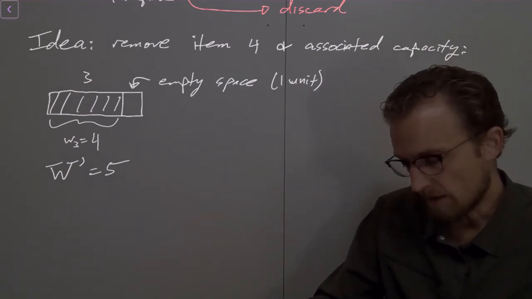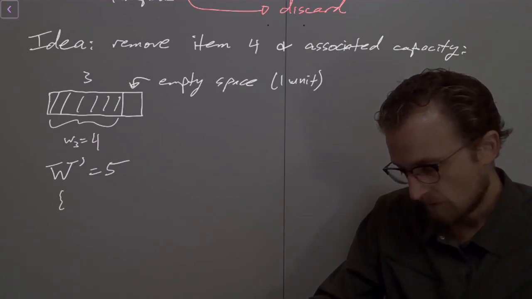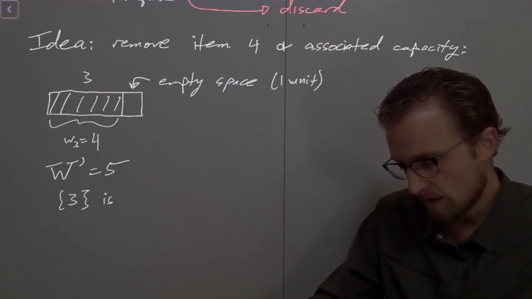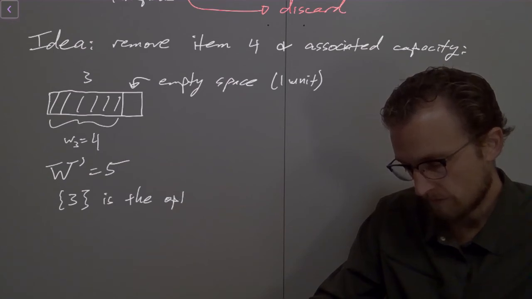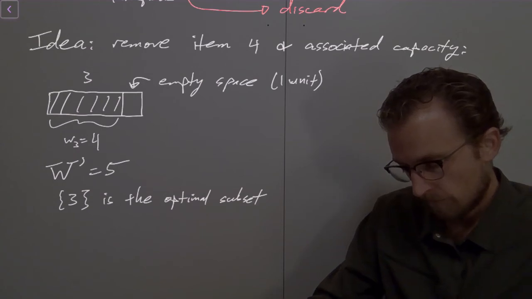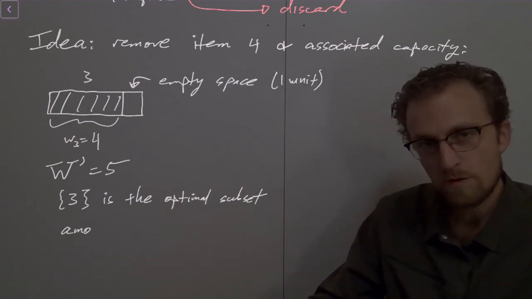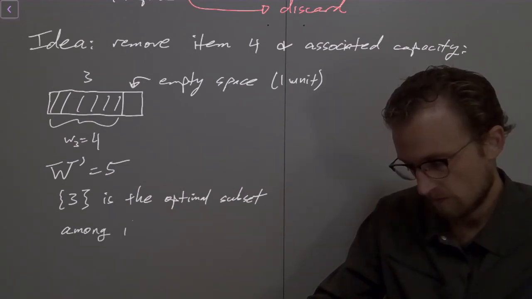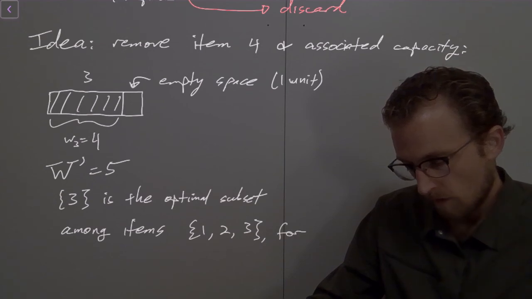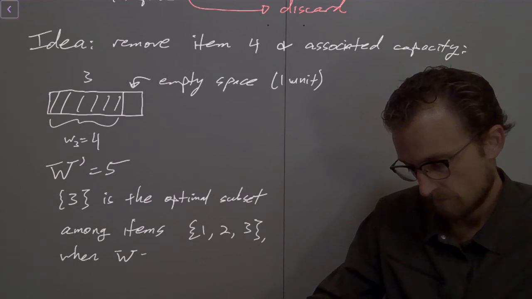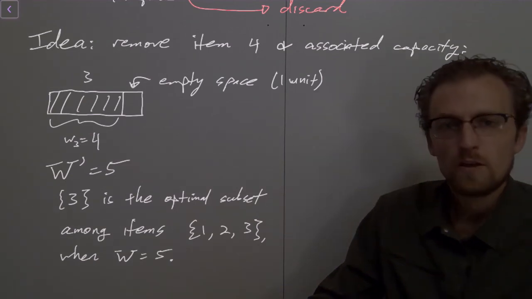So I'm going to write this down like this. 3 is the optimal subset among items 1, 2, 3, when the capacity is 5. Okay, so I've written this down here.